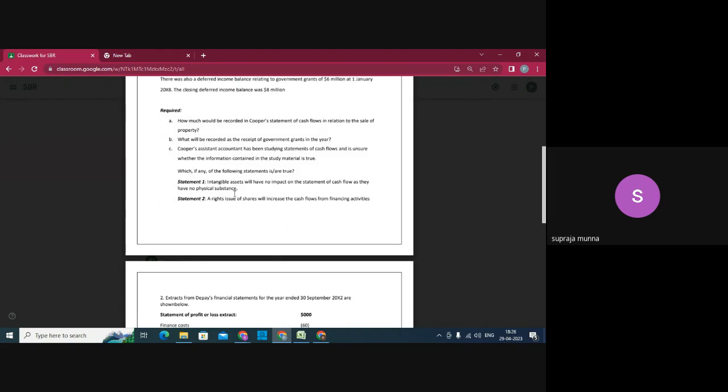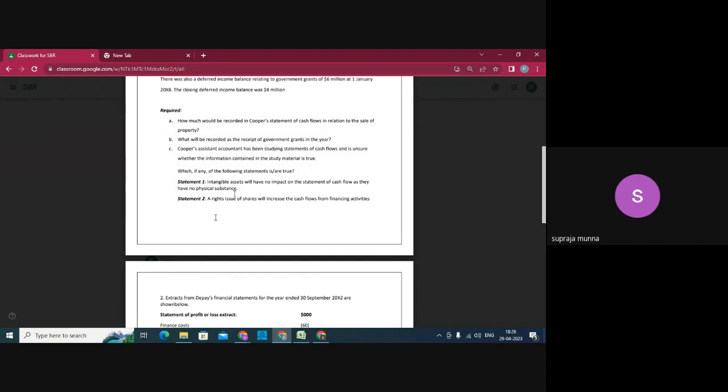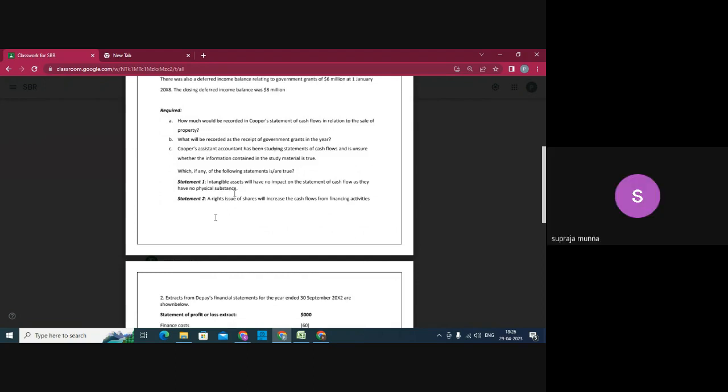Disposals and purchases will have impact, right? Then intangible assets will not have impact? If I'm buying software, licenses, copyrights, same impact, no? Same.